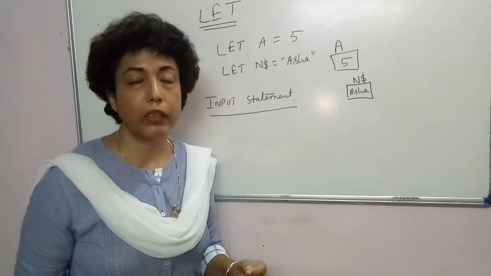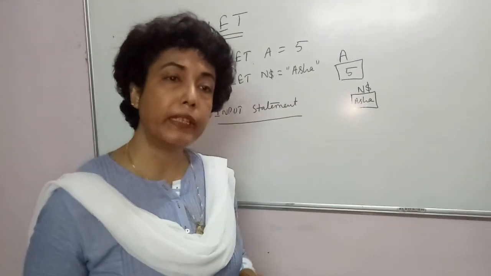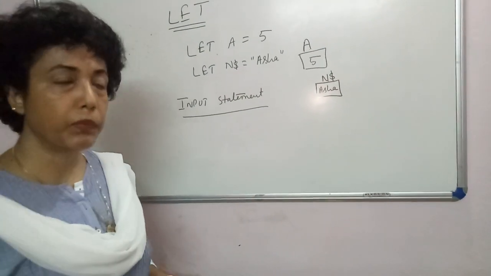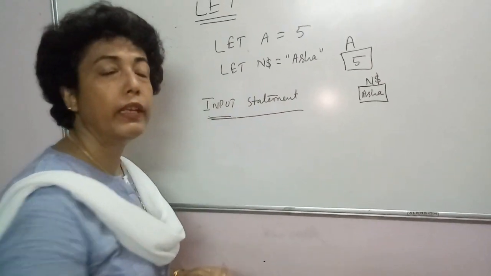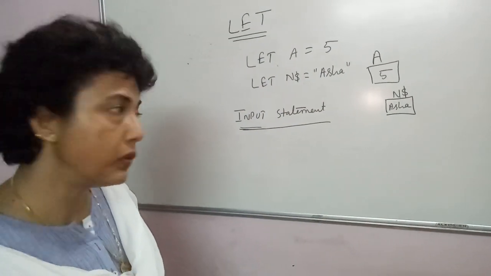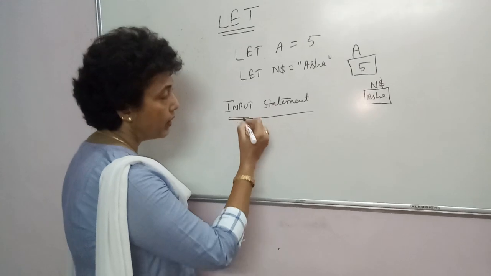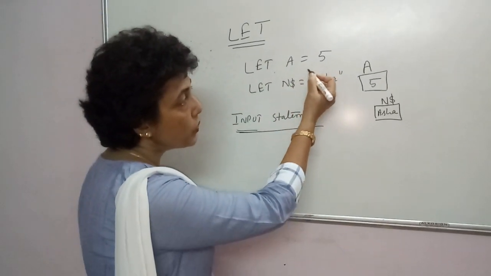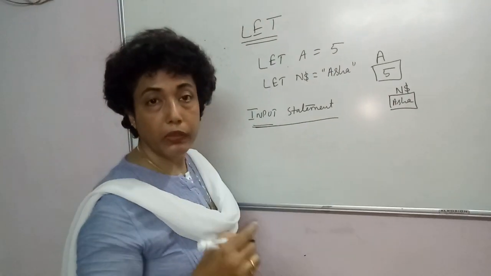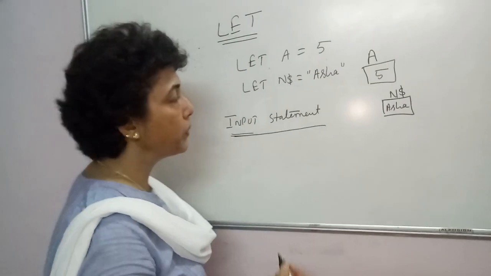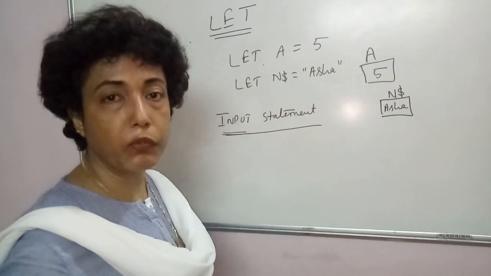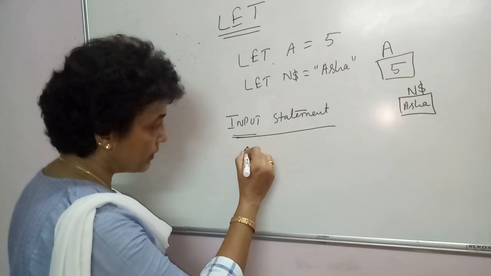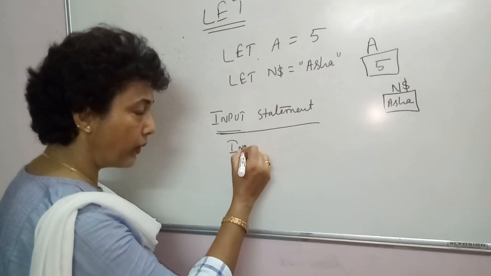That means when the programmer wants to provide keyboard input to the program during the execution process, he or she makes use of the INPUT statement. The difference between INPUT and LET is that LET stores a value in the variable during the writing of a program, whereas INPUT will take the value for the variable during the execution of the program. So let us quickly refresh our memory on how it is written.